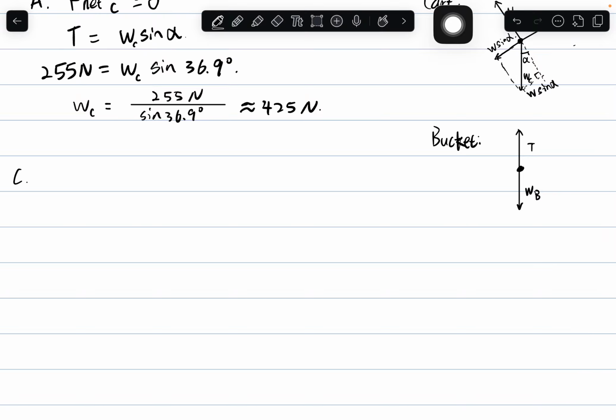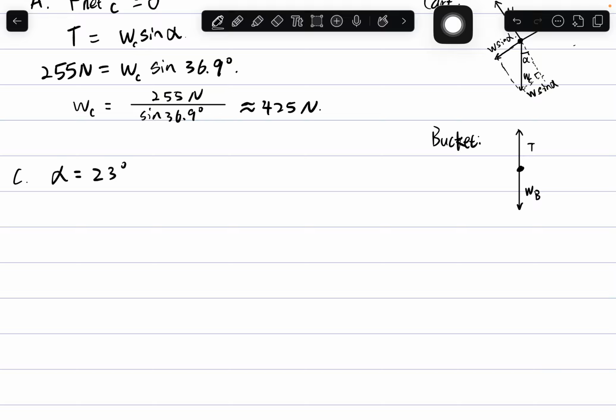And for part C, with the same diagram, we just changed the slope to 23 degrees, and we have a different cart and a different bucket.